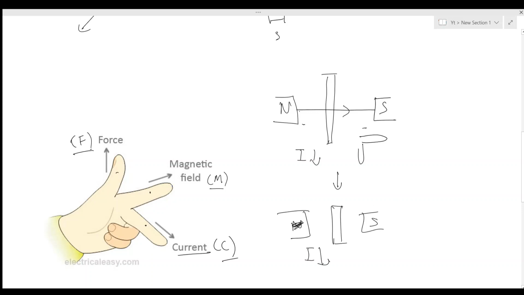Imagine this isn't given. Well, I know that the current is downwards, so my middle finger would point down, and I know that the force exerted is towards me, i.e. out of the plane. So my thumb would point towards me, and therefore my index finger would be pointing from left to right. So this pole would be north, this pole would be south, and the magnetic field direction would be this way.